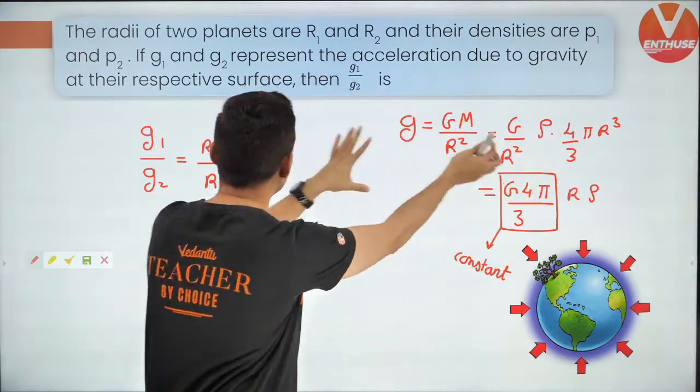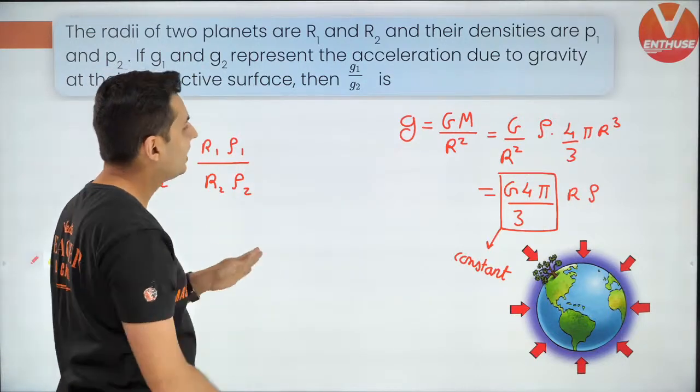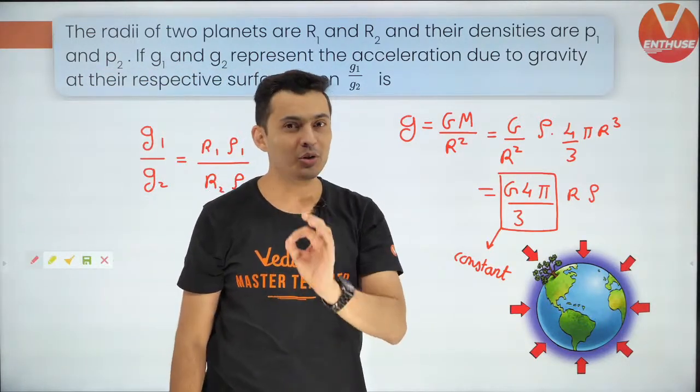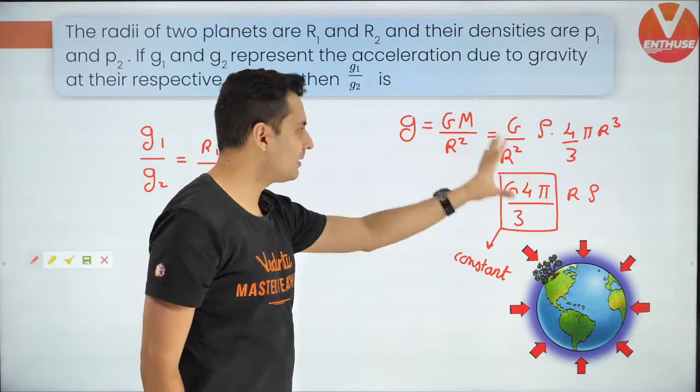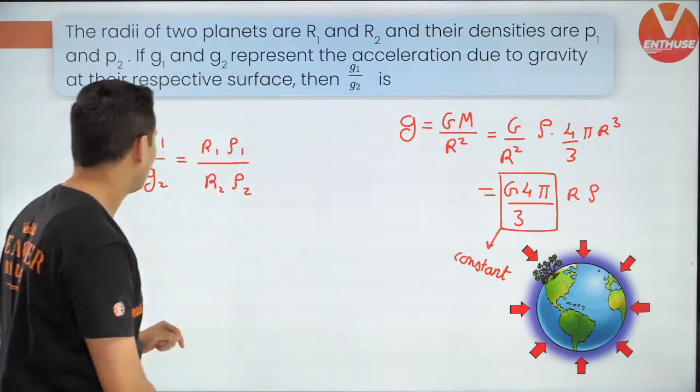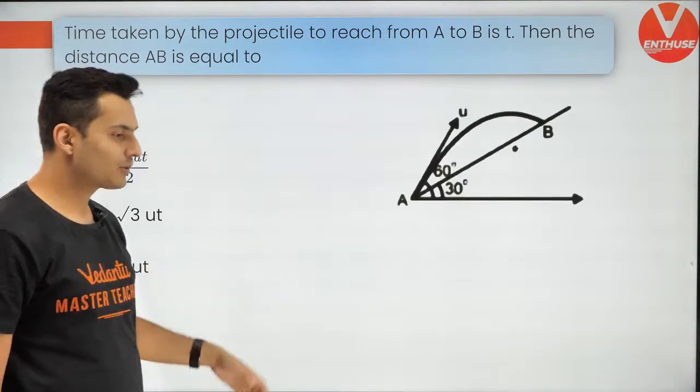Imagine putting all these things over here in the numerator and denominator and then sitting and cancelling all of them. It's such a tedious, messy job. So do not do that. That's going to unnecessarily waste your time. So this is a method which is more efficient and it will save your time. Okay, so that's the answer. ρ1 r1 by ρ2 r2. Let's get going to the next question.